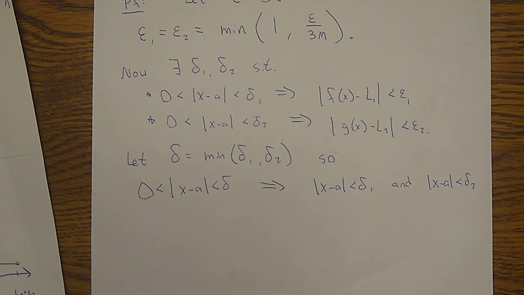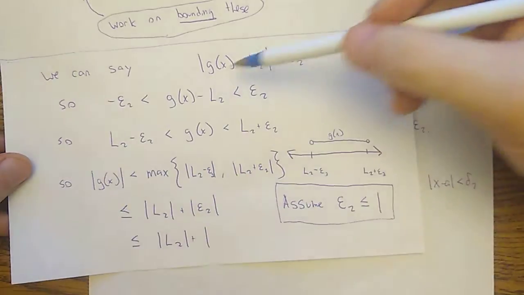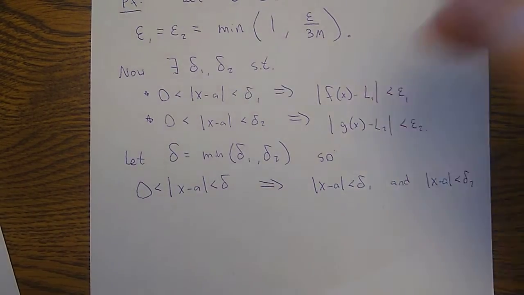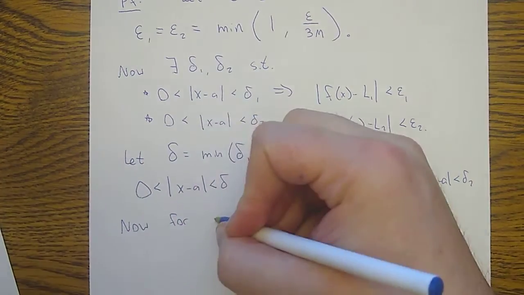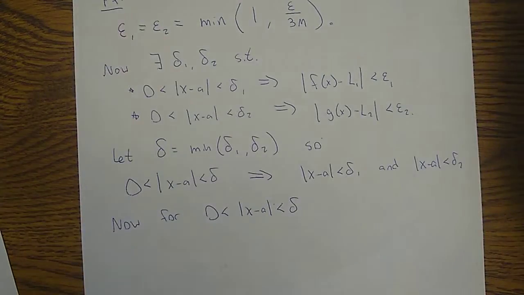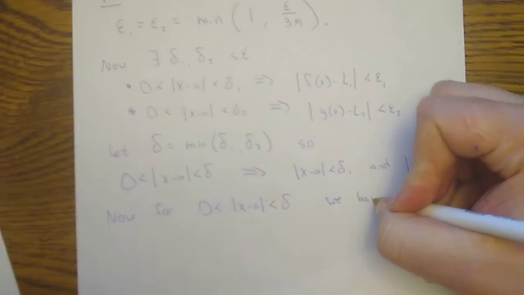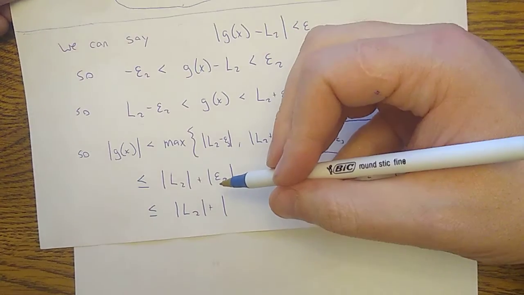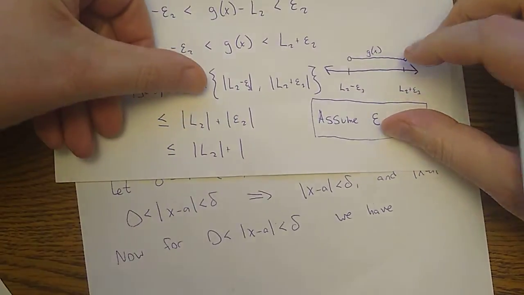So like I said, we are launching into this part where we bound the absolute value of g of x, because when we were doing our scratch work, we knew that that was important. So for the values of x that we're interested in, for the ones from 0 to delta, we have, and now I'm just copying this stuff from the scratch work. So I'm going to run through this again.